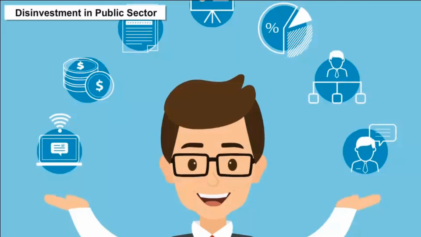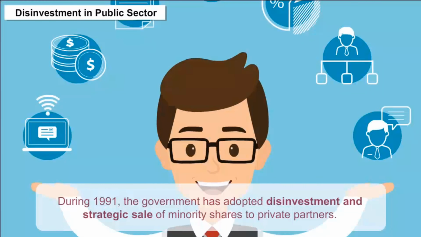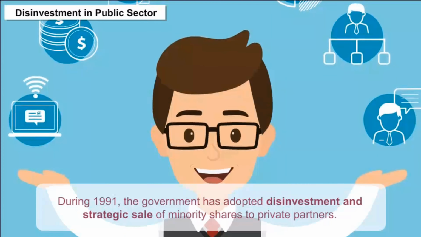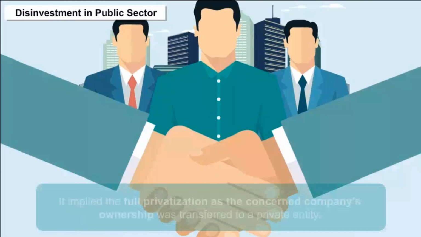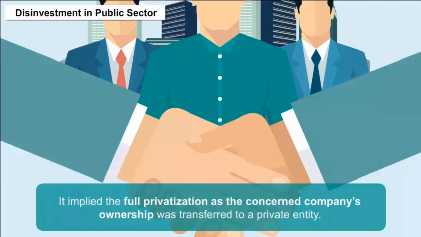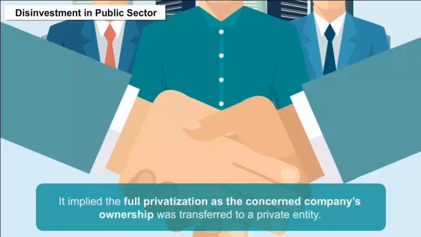Disinvestment in public sector. During 1991, the government adopted disinvestment and strategic sale of minority shares to private partners. It implied full privatization as the concerned company's ownership was transferred to a private entity.